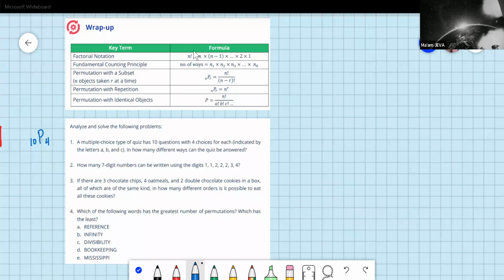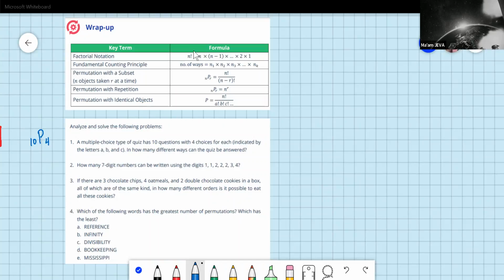Any idea from the others? Similarly with subset. Probably if your answer is with subset, then you have your 10P4. Okay, 10P4. All right.